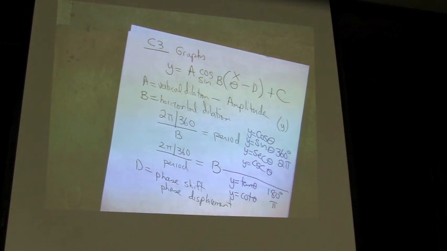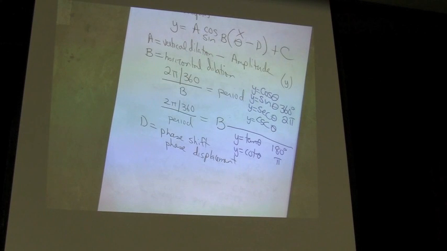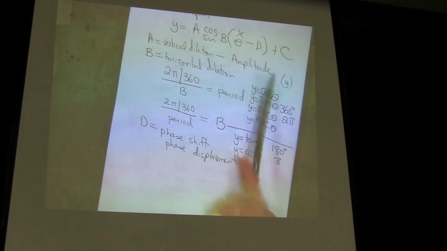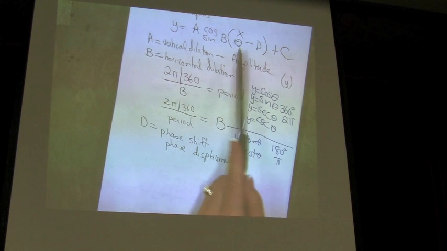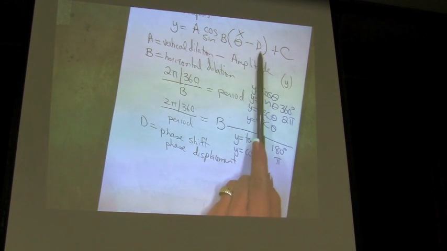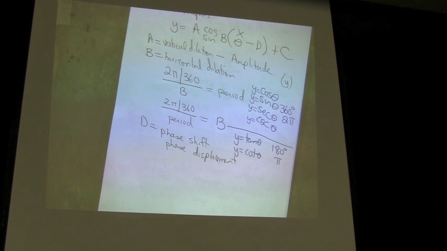And it works the exact same way that H used to work last year. If it says theta minus 30, then it's 30 degrees right. But if it's theta plus 30, then it's 30 degrees left. Okay, so it works just like H worked last year in Algebra 2.